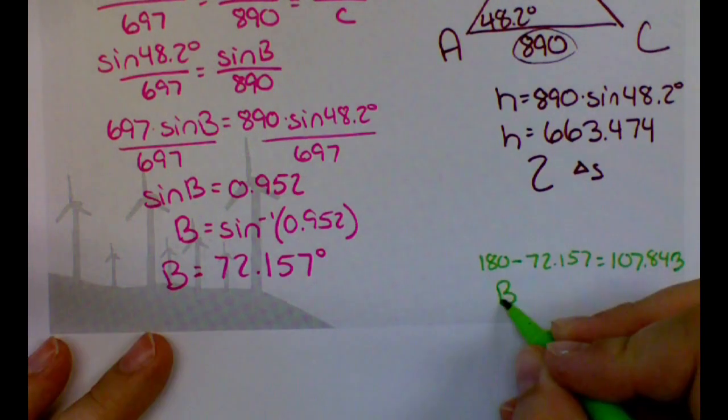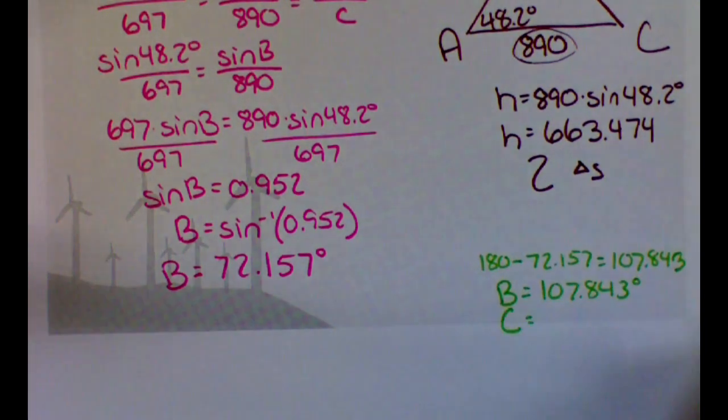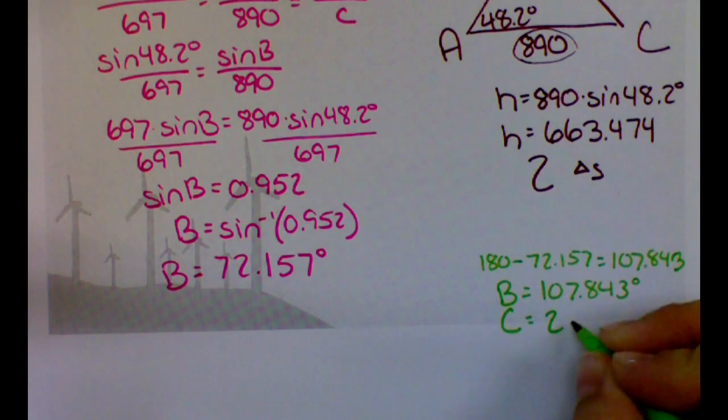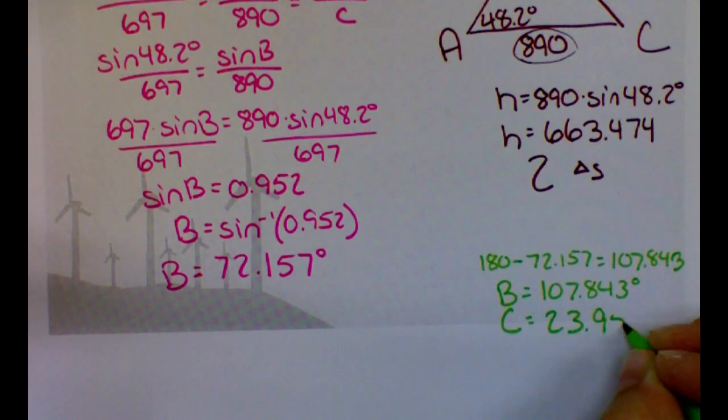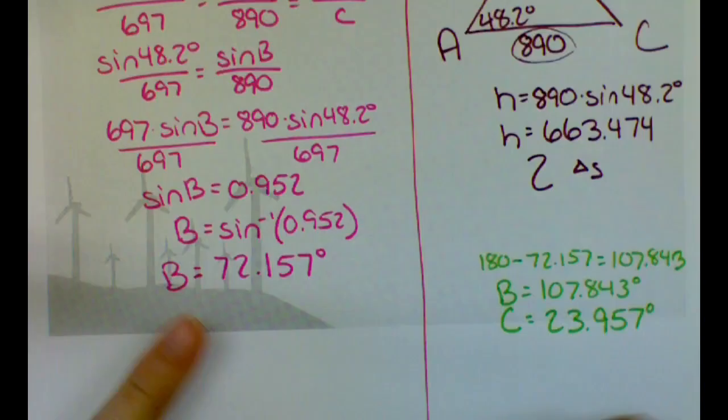So if angle B was that, could I get an angle C, right? 107.843 plus 48.2 is only 156. So I could actually subtract from 180, and angle C would still be 23.957 degrees. If I'd gotten like a negative value for C, I'd say, oh, I guess the second triangle doesn't exist, if you don't feel like finding your H value. So let's go back to our first triangle here.